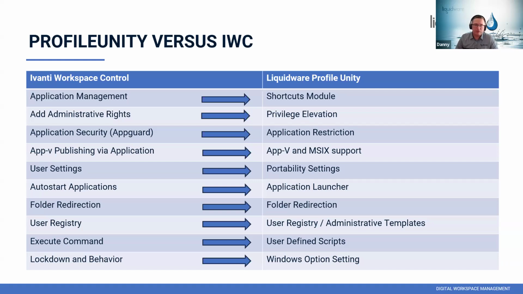What we also have is, you could have an application that you want to configure for the machine, let's say. That's also a possibility that you can do with AppV or MSIX. So you can roll that out during the start of the machine. So you can make differences in a user configuration and a machine configuration.